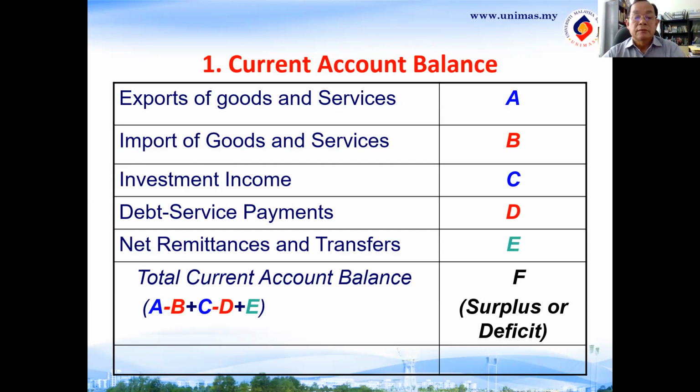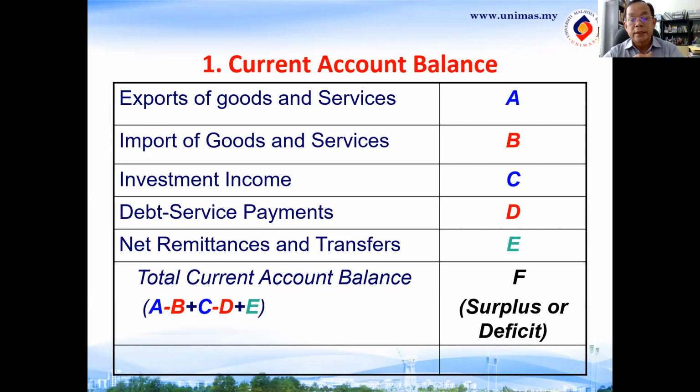First of all, the export of goods and services. The export of goods and services is good for the country. In other words, that will bring in income or money to the country, foreign exchange. For example, if you export oil palm or oil, minyak mentah, and also other services, that will bring in money to the country.